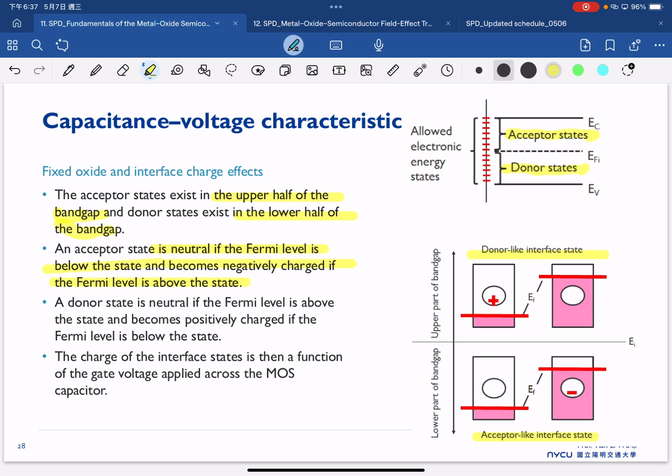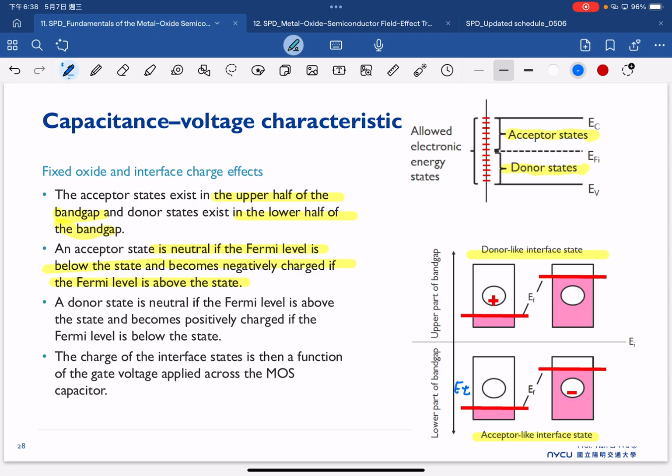That's pretty important. That gives us information about which states are being charged or not, depending on the EF position. We usually characterize our state with a certain energy level, which we call ET, where T means trap.